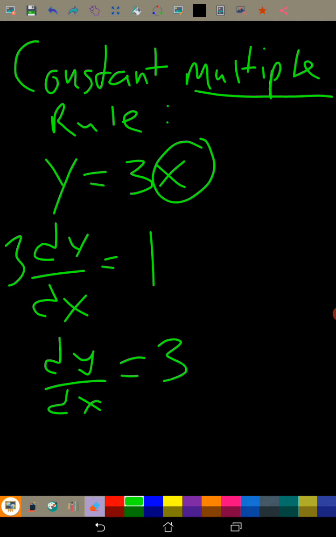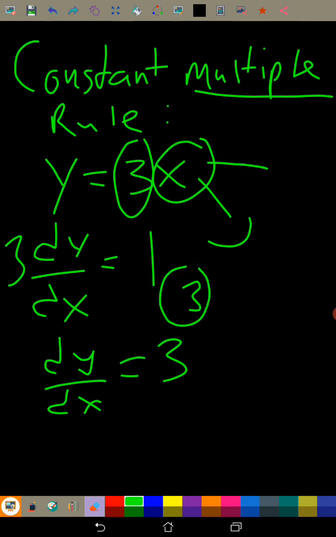So basically we don't have to differentiate the constant if there is something else with it. If we have a variable and there's a constant with it, we can just ignore it. We can put f(x) here.